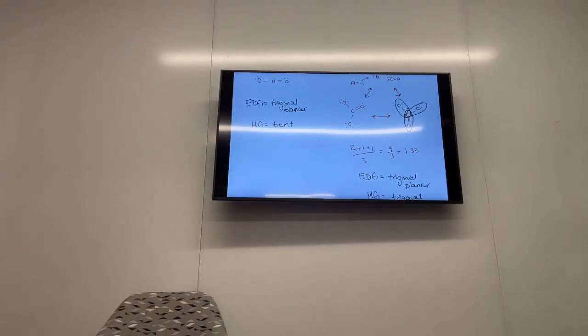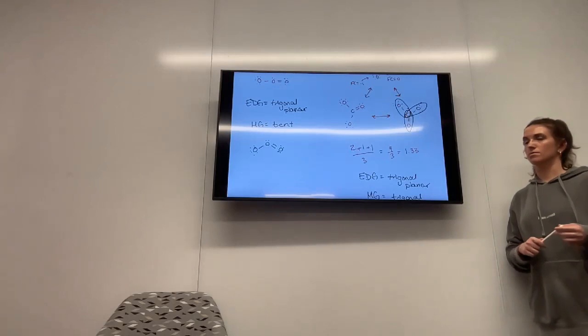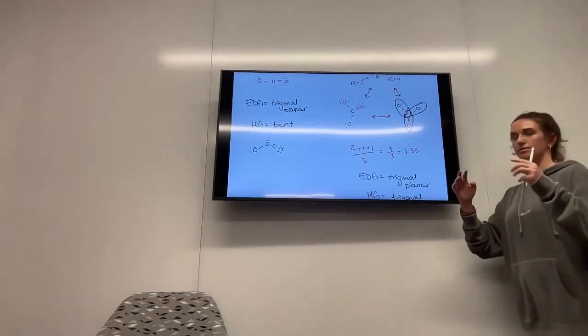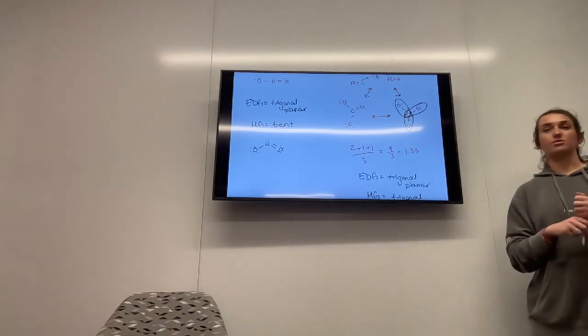So it would actually look like that. And why does it end up bent? What do the lone pairs do?